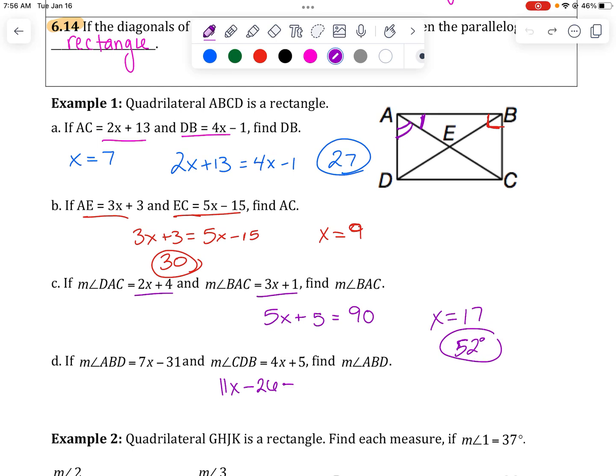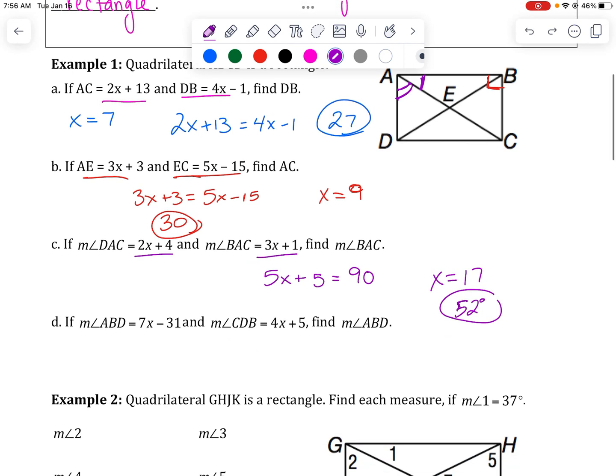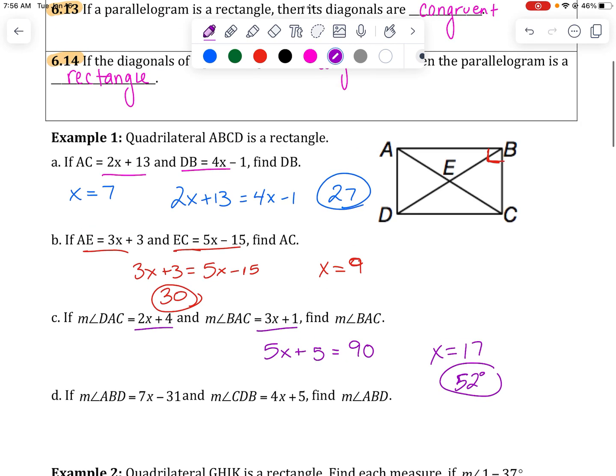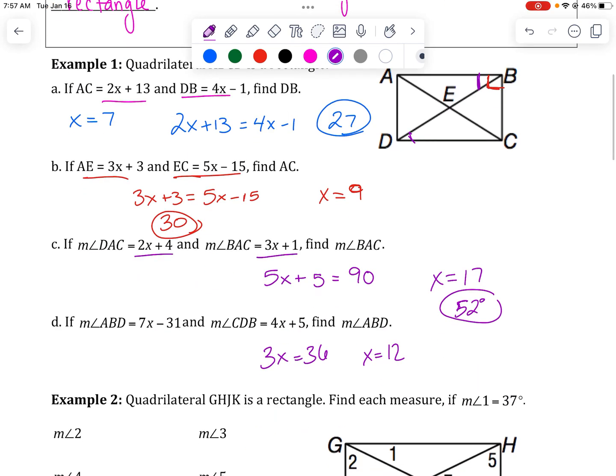I'm sorry. Erase that. Try that again. What do we got? ABD and CDB, these are equal. So we got 3x, 36, x is 12, 48, 53.